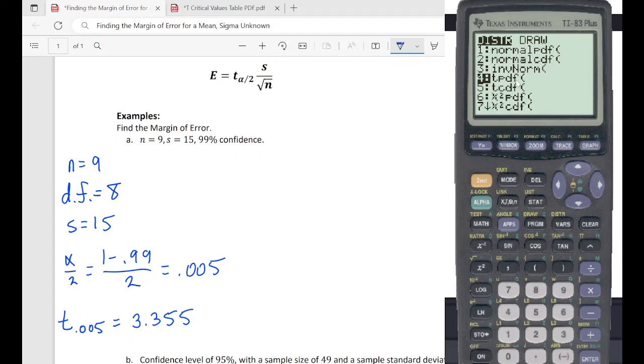If you have a more updated calculator than mine, you're going to have a place that says INVT, so inverse t. That's what you're going to want to use on your calculator.